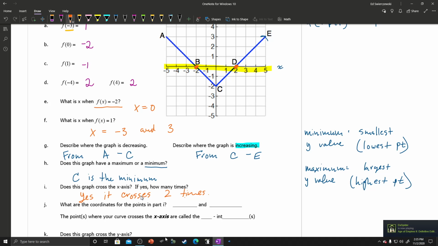And then we could list those points as ordered pairs. So remember, coordinates are always x comma y. So if I look here, it's going to be -2, 0, and 2, 0.